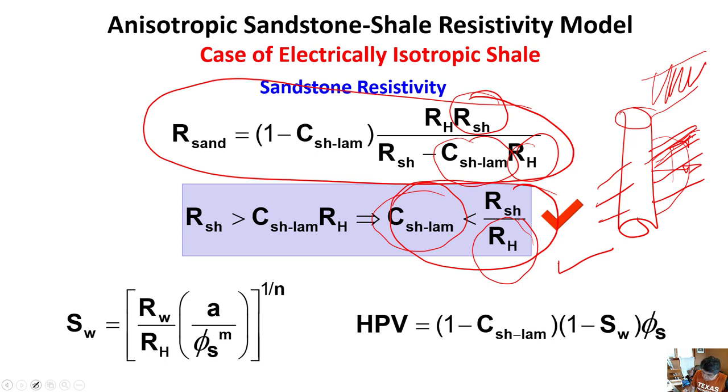Anyway, so now, what do we do next? Once you find the resistivity of the sandstone, then this is incorrect. This should be S right here. Then, once you have the resistivity of the sandstone right here, then we can apply Archie's equation. So let's say that you know the Archie's parameters, the A, the M, and the N, all three.